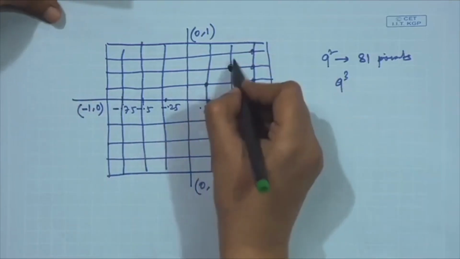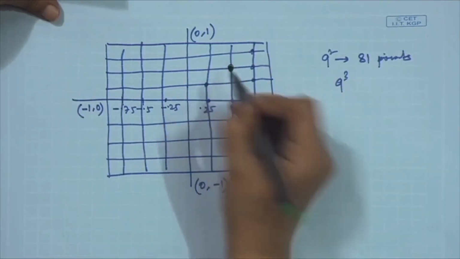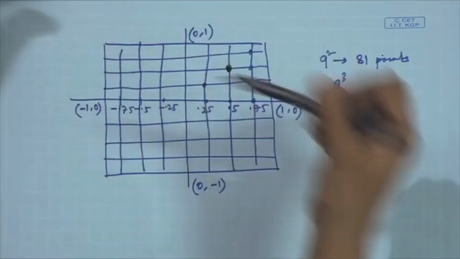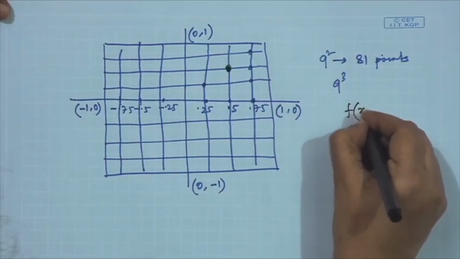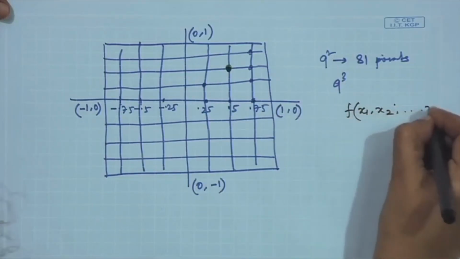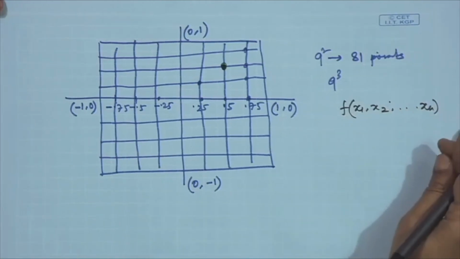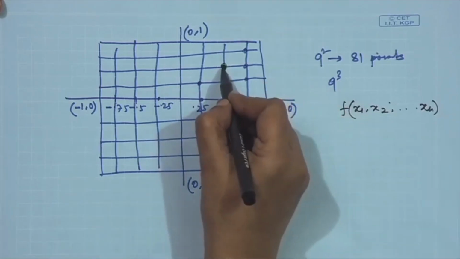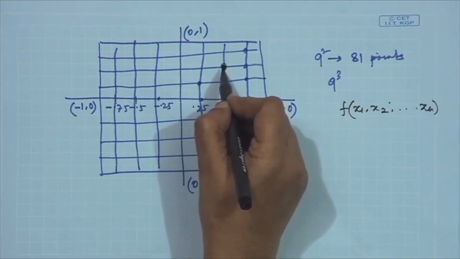Okay. Now, what grid walk does, say at this point my function is f of x1, x2, say xn, I am having an n dimensional function, alright. What it does at this point, you see we can move in infinite number of directions, that is a problem.